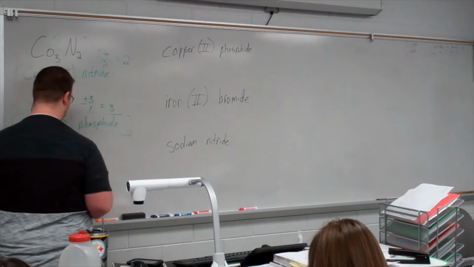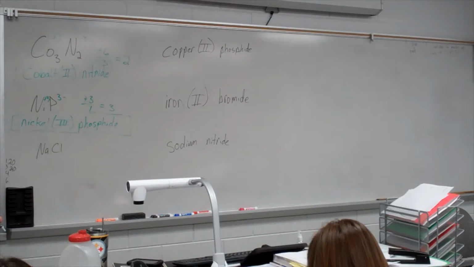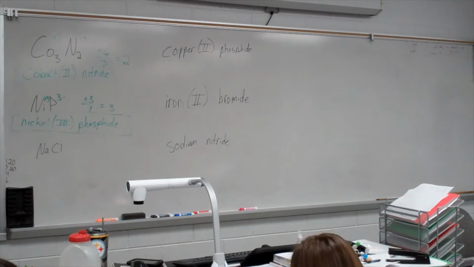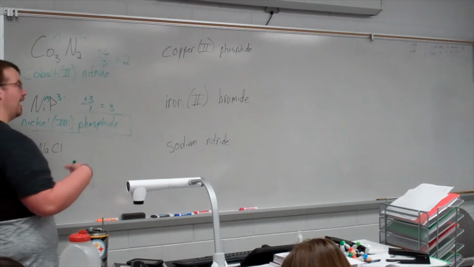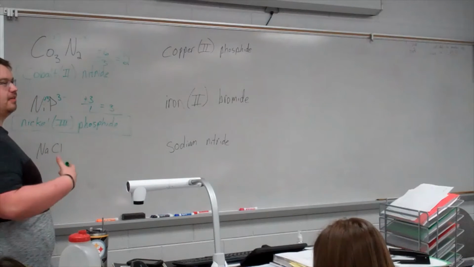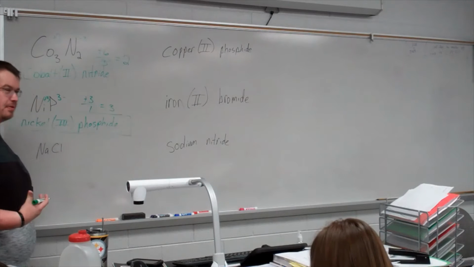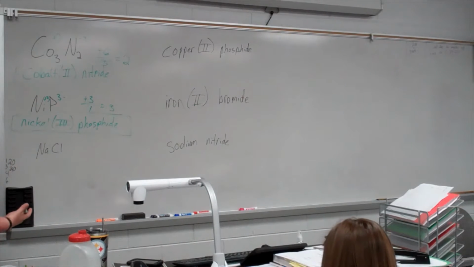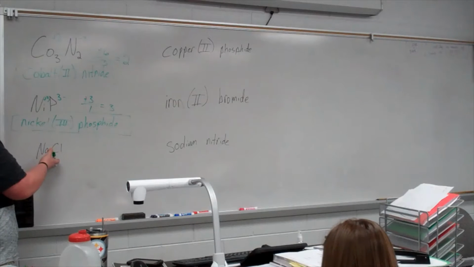Hopefully y'all are catching on to this a little bit. Let's do this one down here. Sodium chloride. I gave you this obvious one for a reason. You have learned 2 sets of naming rules, so you have to determine what set of naming rules to use. Should you use the stock system here? No. Why not?